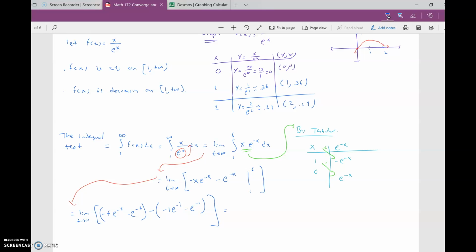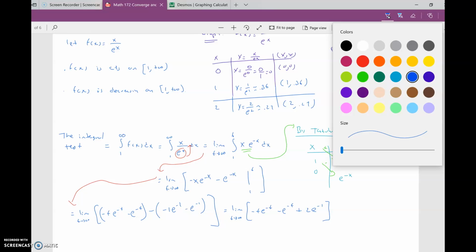So we're looking at the actual limit as t approaches infinity of negative t e to the negative t minus an e to the negative t. And well, the last portion is just going to give us a plus 2 e to the negative 1 as part of the evaluation.